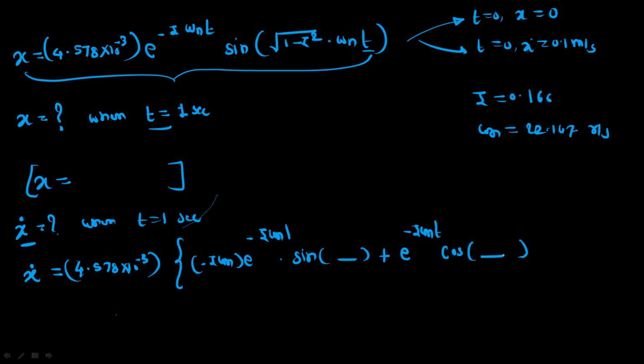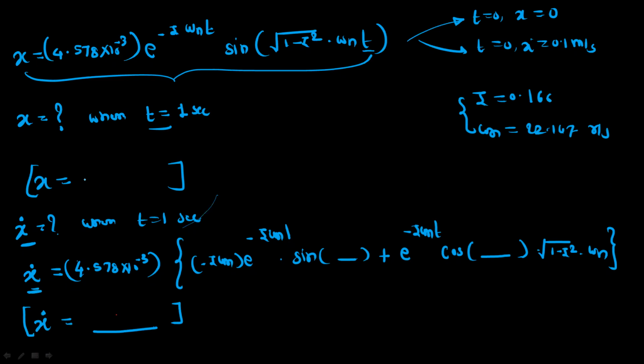So the total term in the bracket is multiplied by square root of 1 minus zeta square into omega n. Okay. Now this is the complete equation for the velocity. Put all these values, zeta, omega n, and t equal to 1, and get the value of x dot. So this is the answer for the velocity when time t is equal to 1 second.